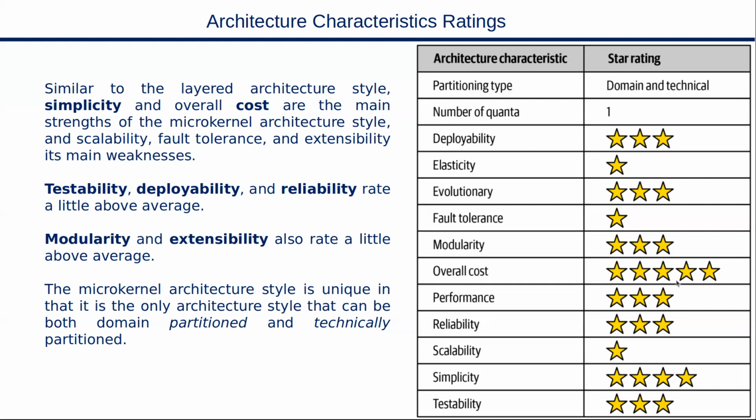It's similar to the layered architecture style. Simplicity and overall cost are the main strong points of the microkernel architecture. The cost is the same. Simplicity is a little bit less, because it has fewer stars. It means it will be implemented almost as simply as with a layered approach. It is a little bit more complex.